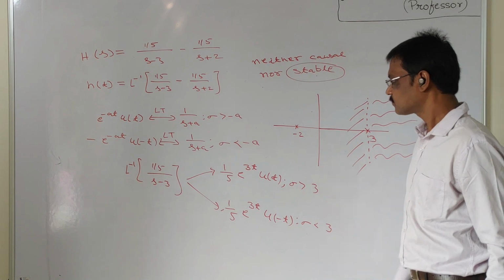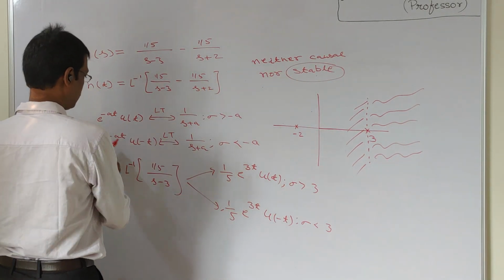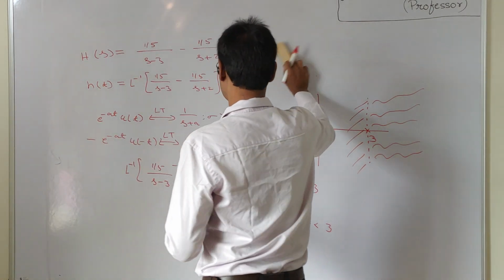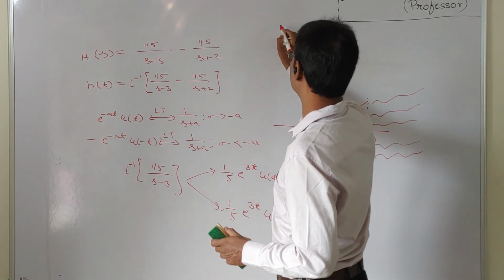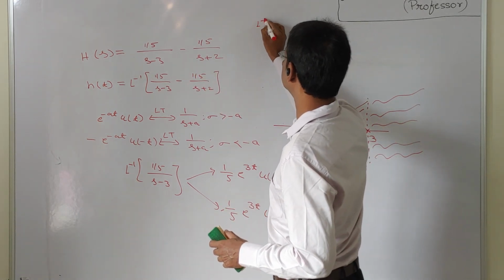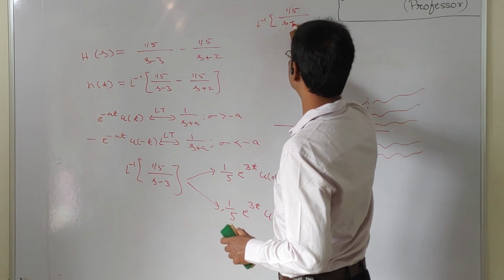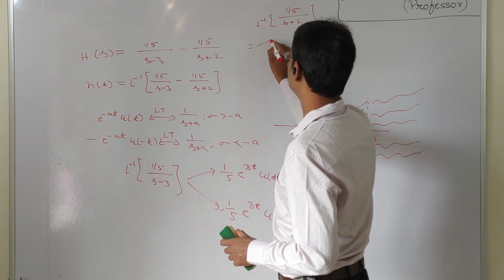Again, now we find it for the second signal, 1 by 5 divided by s plus 2. The inverse Laplace transform has two answers.